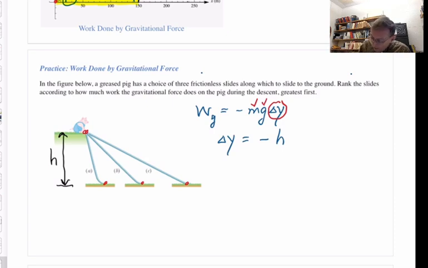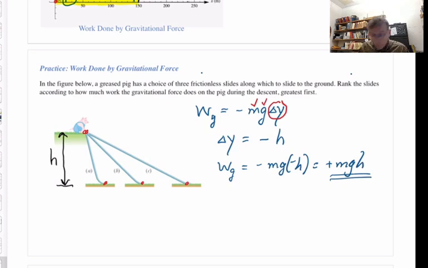So my formula for W grav is negative mg multiplied by negative h, which is positive mgh. Gravitational force does positive work, and it does the same amount of work in all 3 cases. So the ranking is W grav for slide A equals W grav for slide B equals W grav for slide C. They tie.